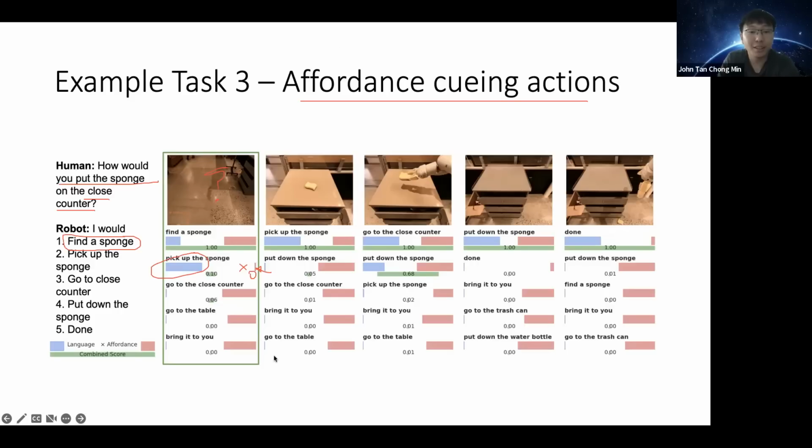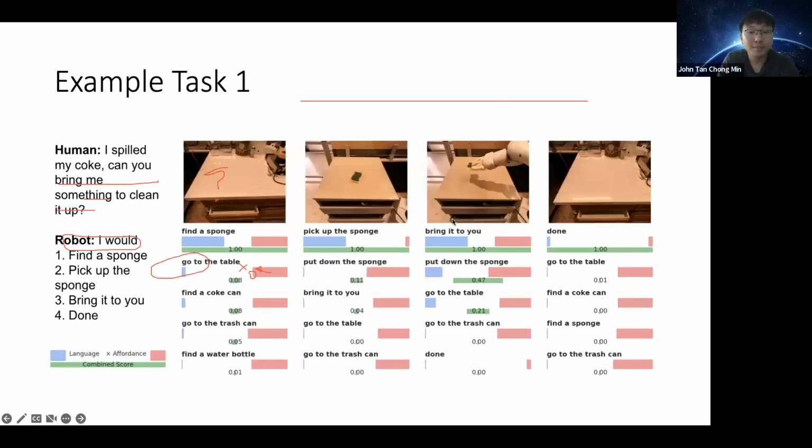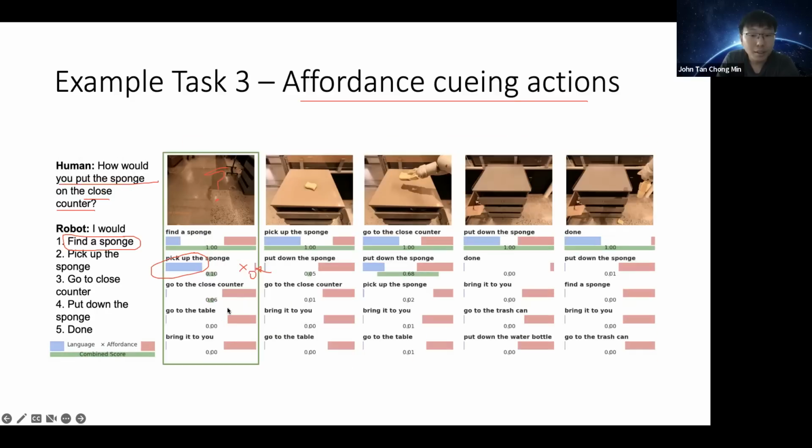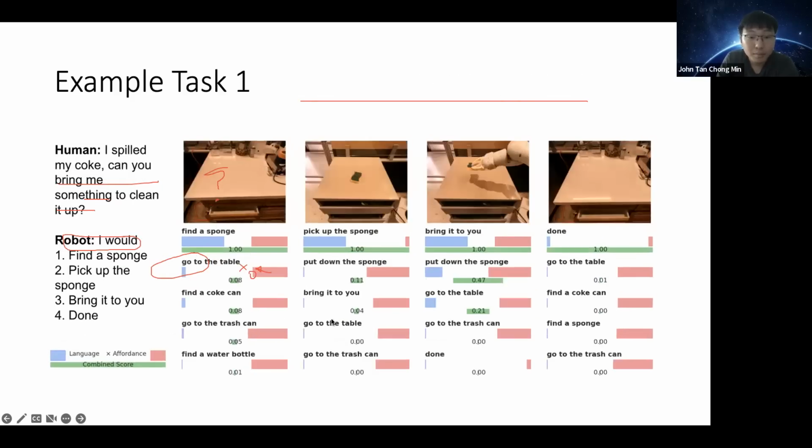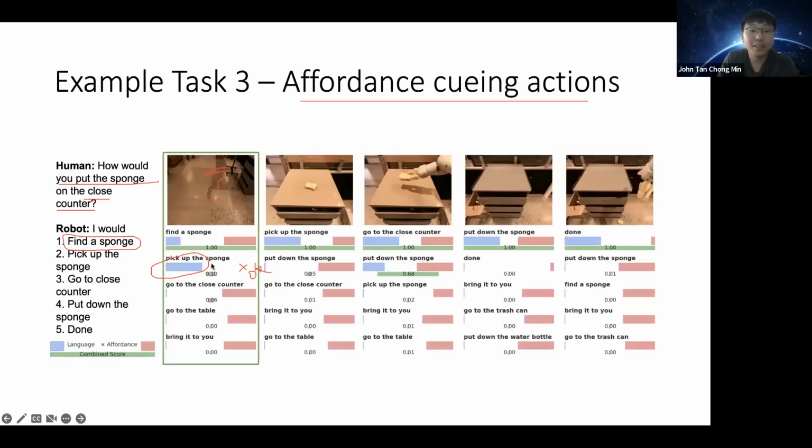If you look at the previous case, I guess they didn't have the pickup there, so maybe all these are feasible in the value functions. But here the value function for the pickup is not feasible. So at least this means the robot is telling the large language model, there's no sponge here, I can't pick it up.